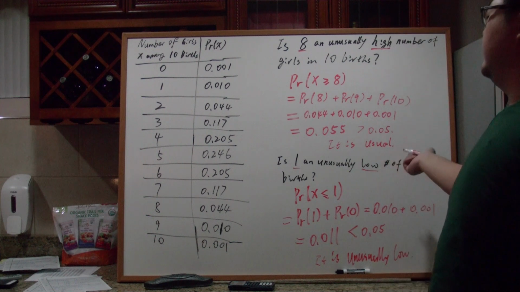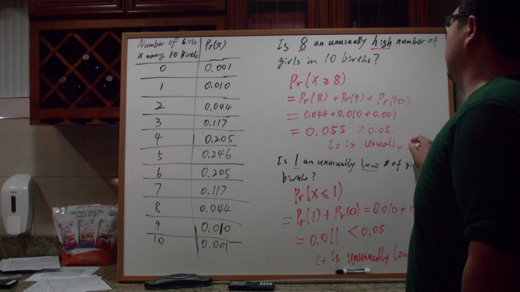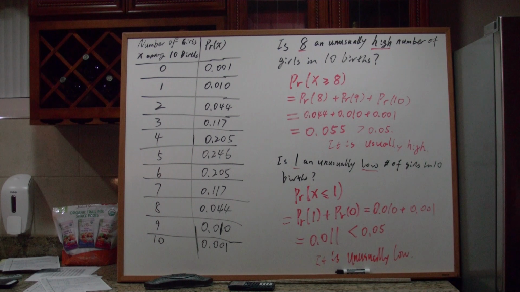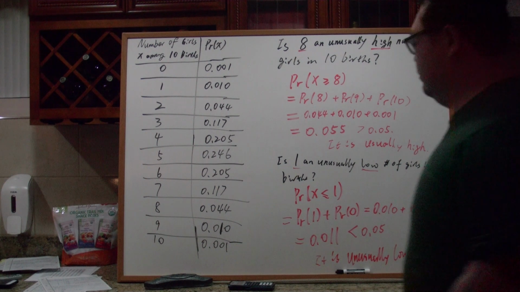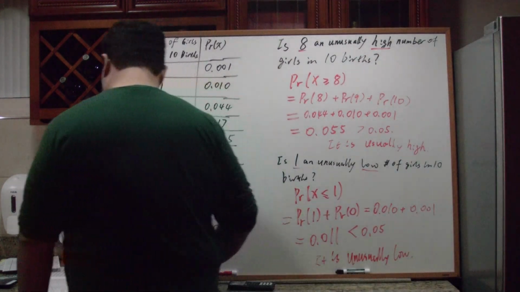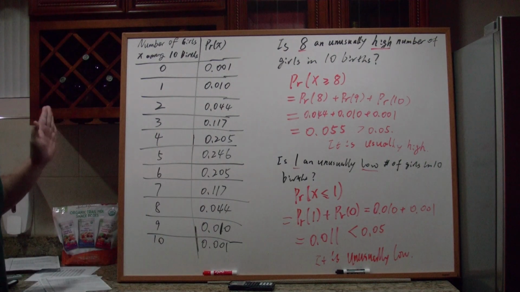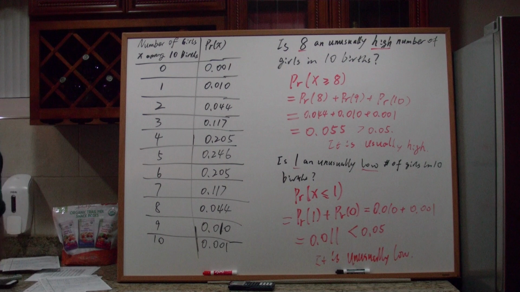The previous one is usual, not unusually high. The 1 or less, 1 girl is unusually low from 10 births. So here is the thing: we're looking for a certain value and more extreme values to figure out if that's usual or unusual.